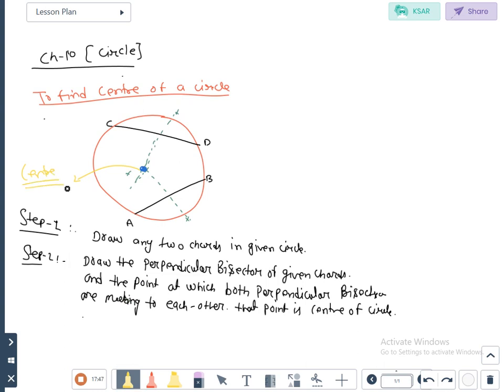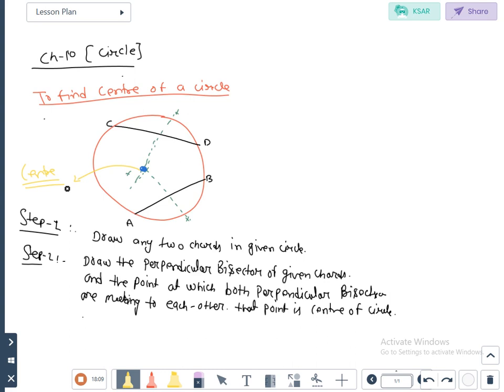So how will we find out the center of the circle? If the circle is drawn with the help of a bangle, then firstly we will draw any two chords in the given circle. A given circle में क्या draw करोगे? Two chords draw करोगे.